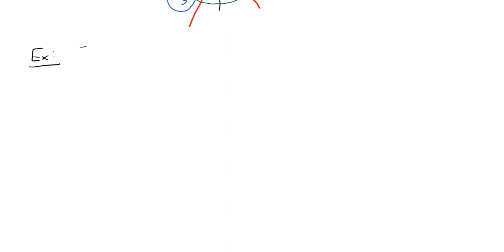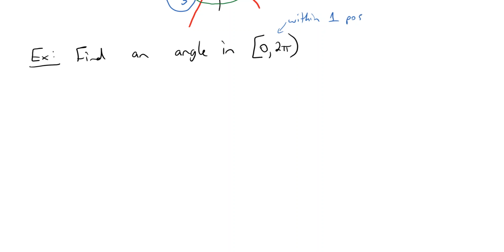So let's say find an angle in the interval from 0 to 2 pi. So this means an angle that's between 0 and 2 pi. The bracket means it could equal 0, and the parenthesis means it can't equal 2 pi. Okay, so find an angle in this. In other words, within one positive revolution.